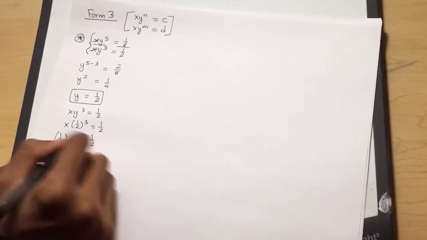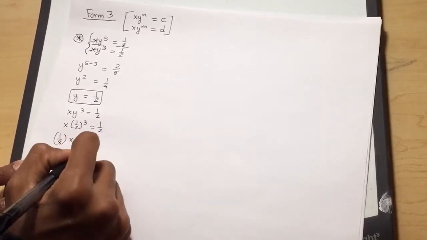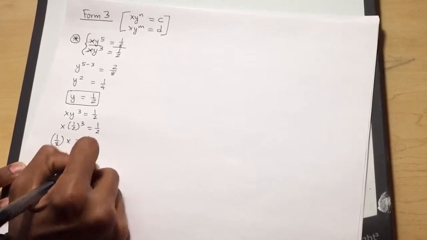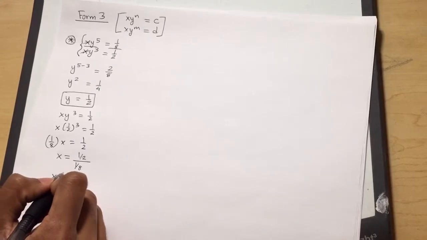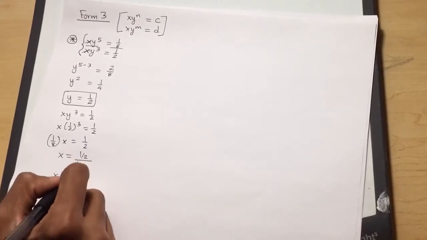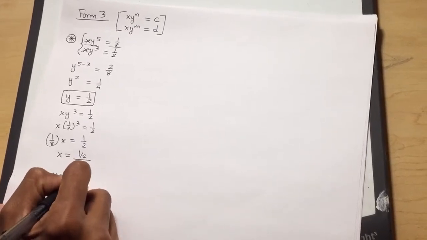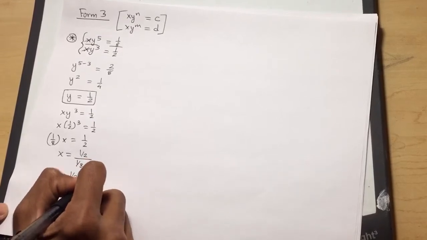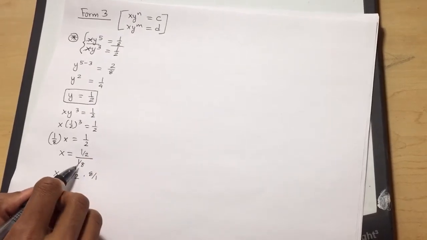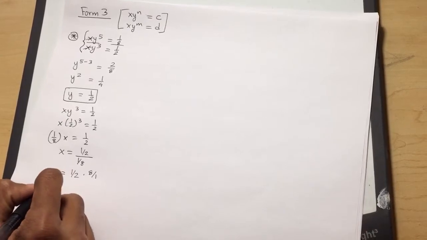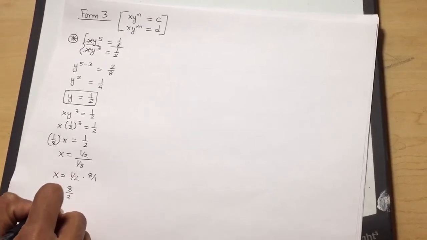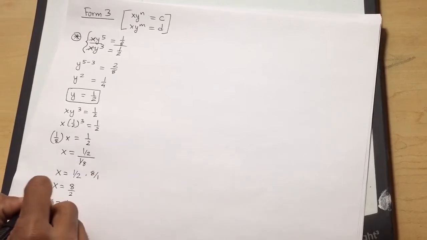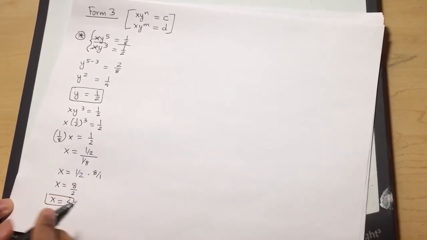So I'm going to divide both sides by 1/8. x will be 1 over 2 divided by 1 over 8. x is going to be 1 over 2 times 8 over 1. Dividing, I'm multiplying by the reciprocal. So x is going to be 8 over 2, and x is 4. There you go. Those are my two values.